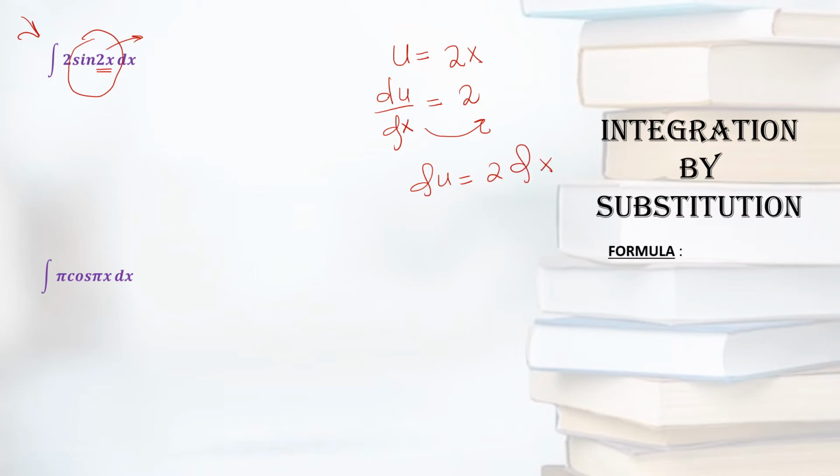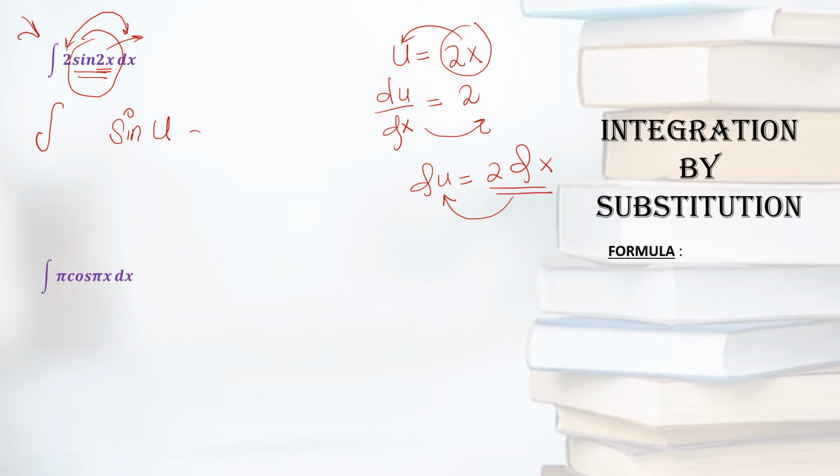Now compare and change all the x terms into u terms. So here sine 2x. Sine stays as it is, and you already said that 2x is equal to u. So in place of 2x you will write u, and now 2 dx is left. This 2 dx you can see over here is equal to du. So never write the du in the beginning.